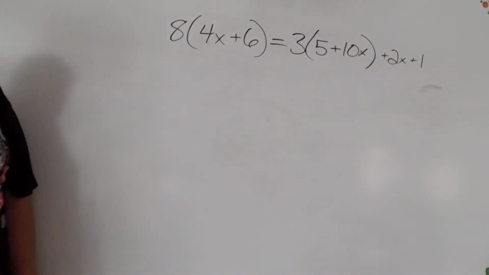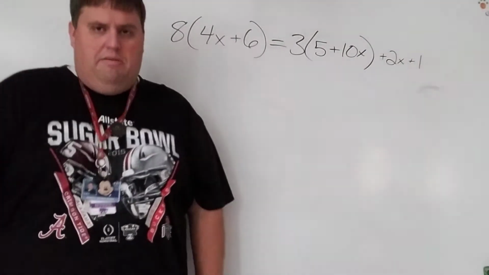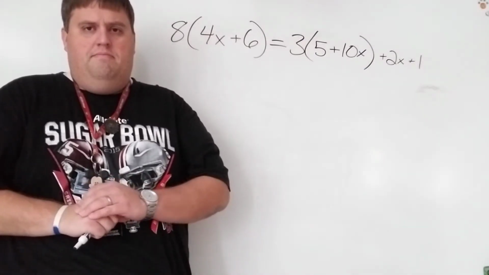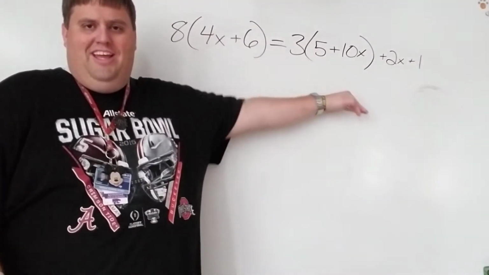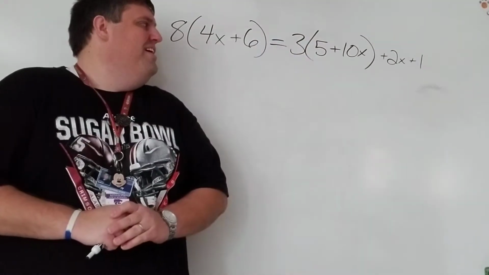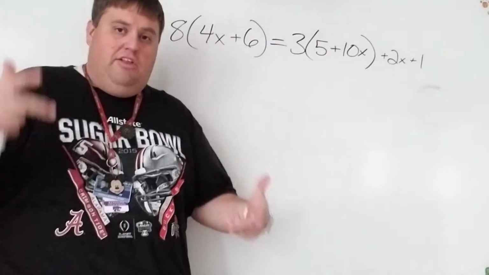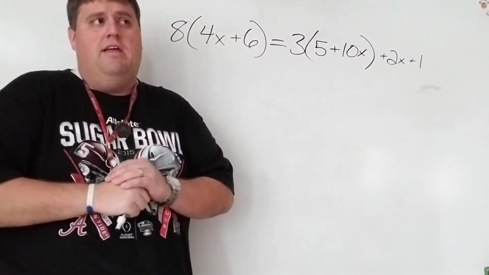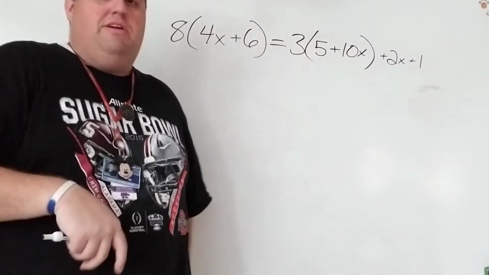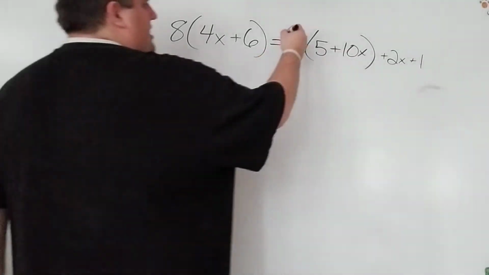All right, so that looks pretty typical of the problems we've been talking about, right? We definitely have some distributive property. It looks like we're going to have some like terms. So we're going to go through these just like we would with the rest of the checklist.